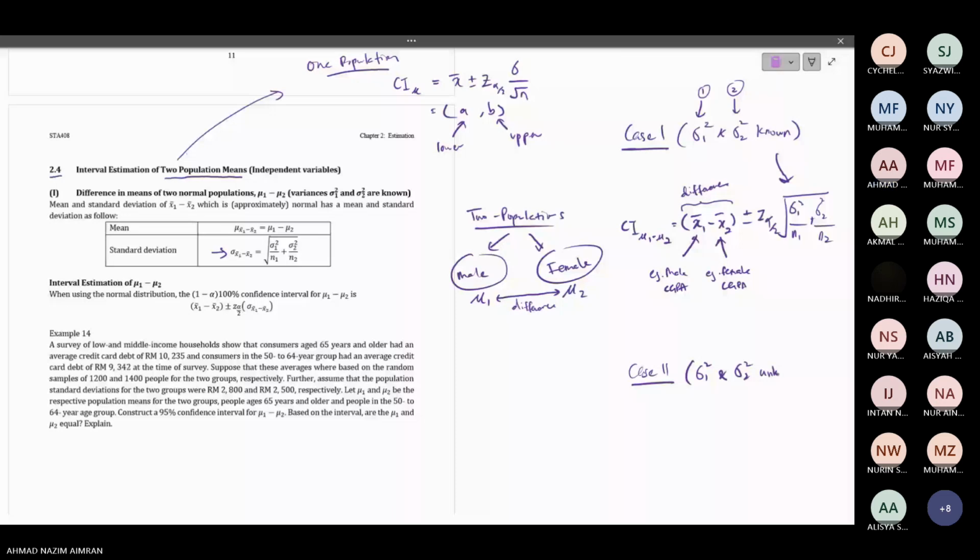For case number two, the variances of the two populations are unknown but the same. This means that the variance for population number one and the variance for population number two are about the same, not much difference, or the variances are statistically equal. That is case number two.